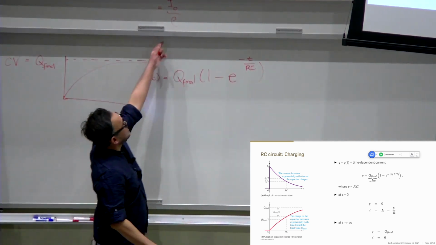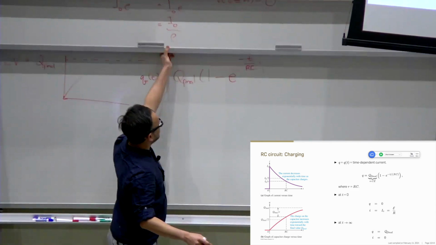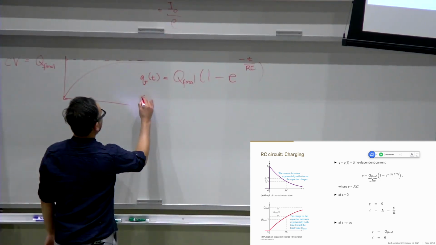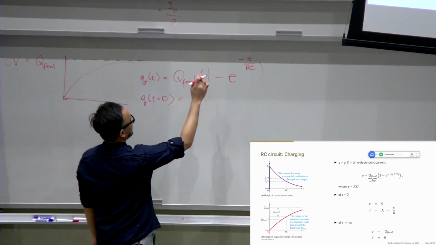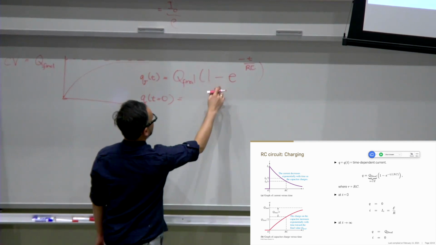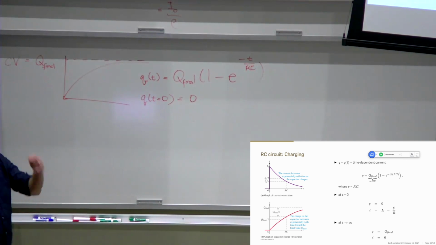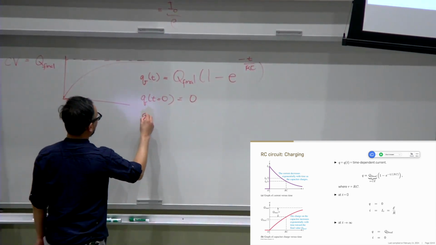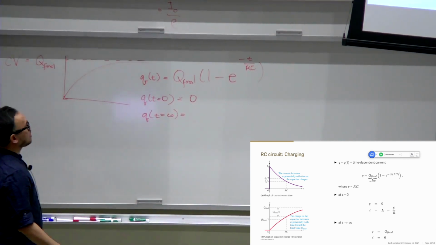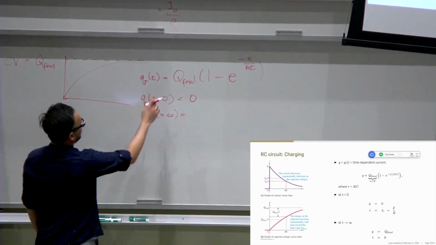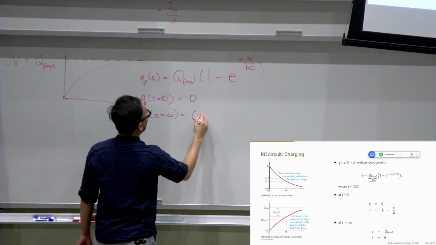So let's use this mathematical rule that we just reviewed. Q at t equal to 0 is equal to Q final times, in brackets, 1 minus e to the 0, so it's equal to 0. And Q, if you wait over a long time, is equal to Q final times 1 minus e to the minus infinity divided by RC. Let me just write it down.